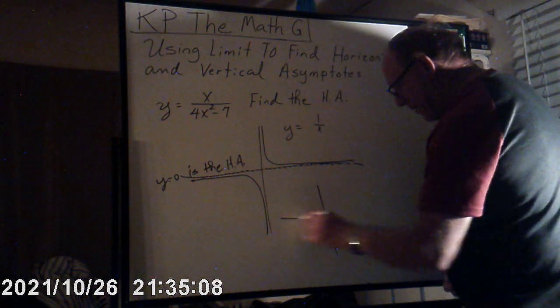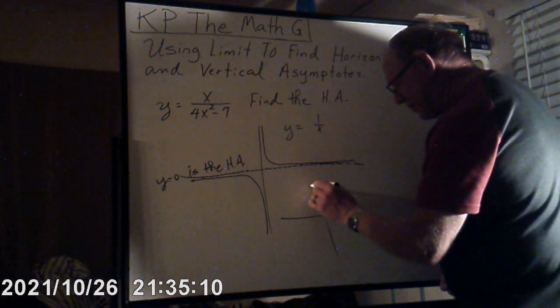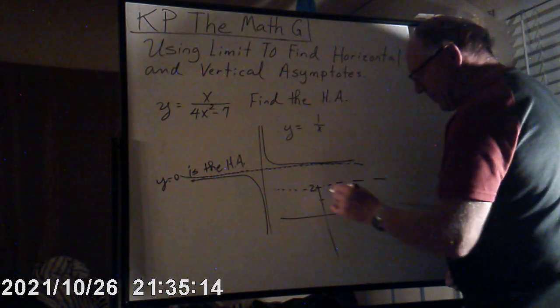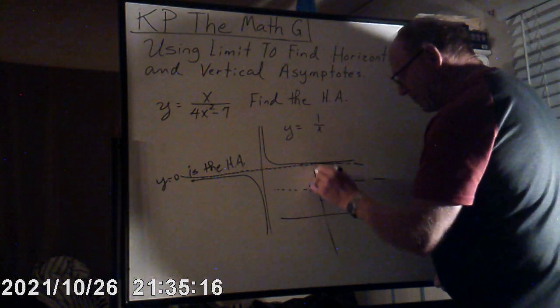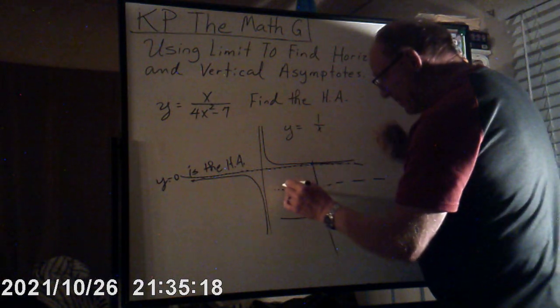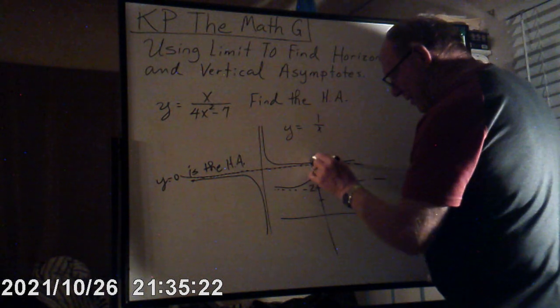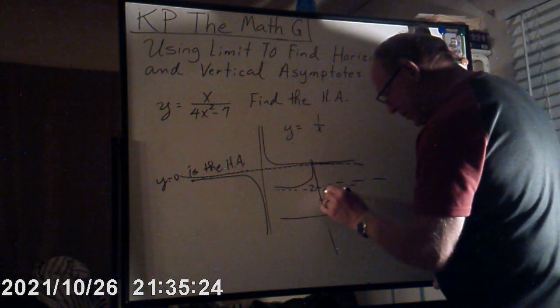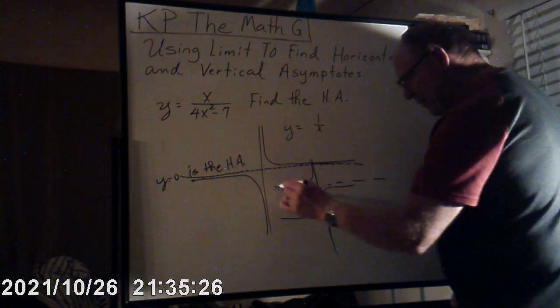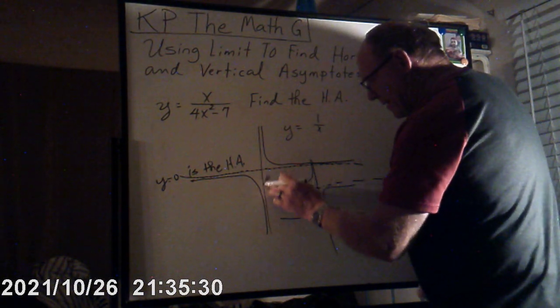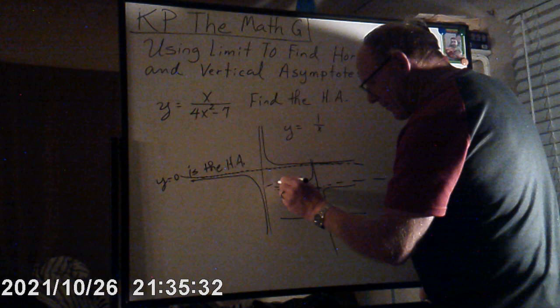We could do another one here, let's say at 2. Something would look like this maybe. It could even do something like this. It could hug close this way and then go down this way, toward negative infinity.